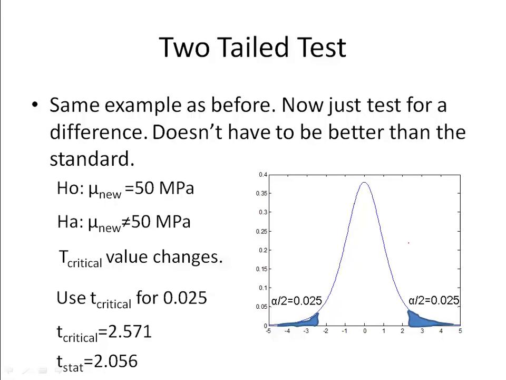Our t-statistic that we calculated stays the same at 2.056. So our t-critical value is greater than our t-statistic. So if our t-critical value lies right here, and our t-statistic, say, is right here, then our p-value is actually greater than alpha, so we cannot reject the null hypothesis.